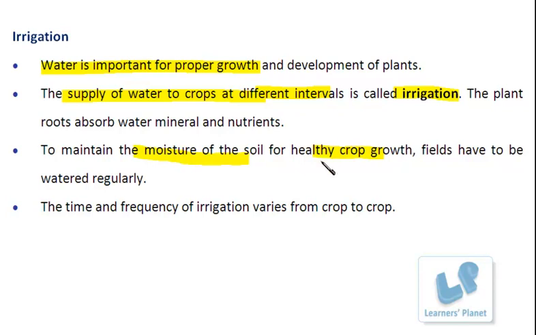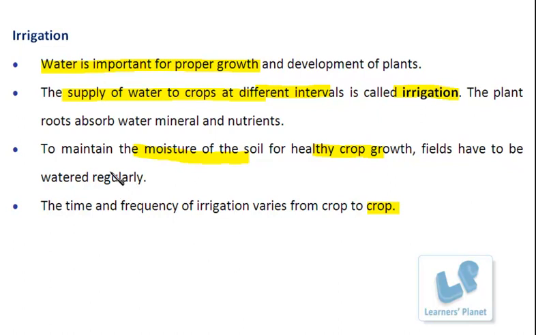It also maintains the texture of the soil and supports the growth of microbes there. The amount of water and the frequency at which it should be supplied, that is the time period or regular interval, varies from one crop to another.